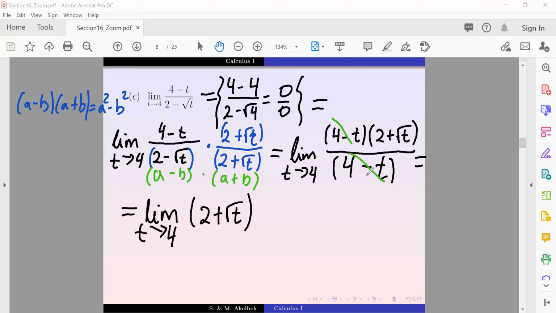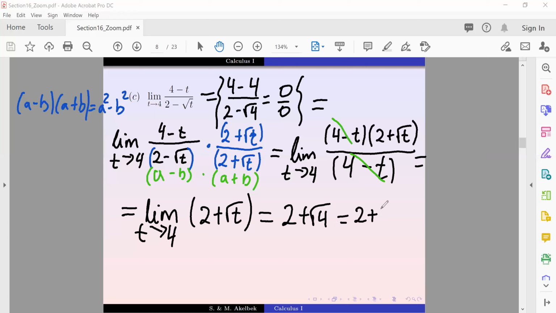Once you reduce it, you start over. You take the number, substitute, and see what happens. Once you substitute the number, that means you're performing the limit. So we have 2 plus square root of 4, which is 2 plus 2, or in other words, 4.